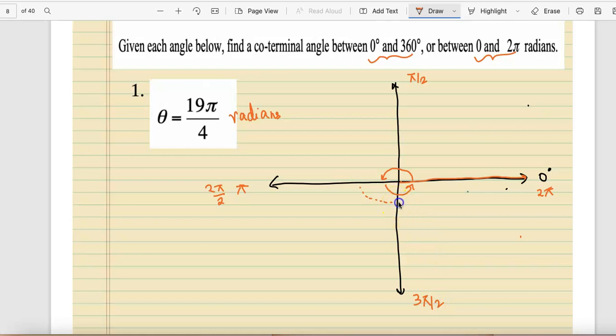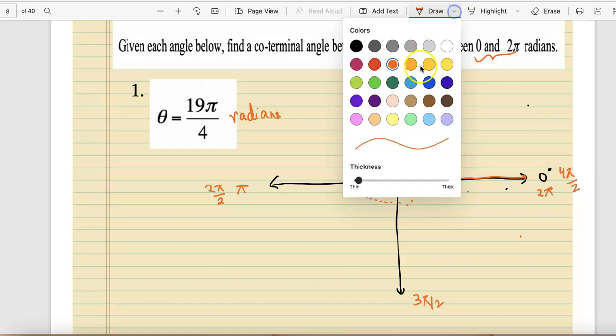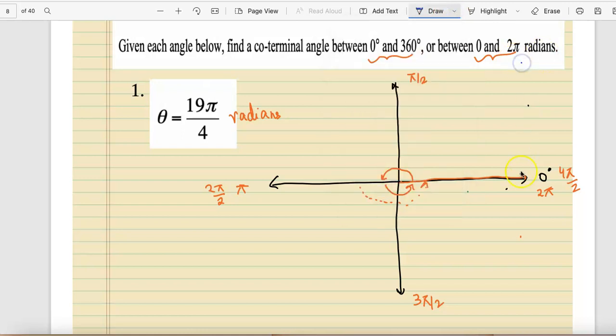If I keep on going, this is my 4 pi over 2, and 4 pi over 2 is the same thing over here. So we learn about the radians: this is 0 radian, that's your pi by 2, this is 2 pi by 2, this is 3 pi by 2, this is your 4 pi by 2.